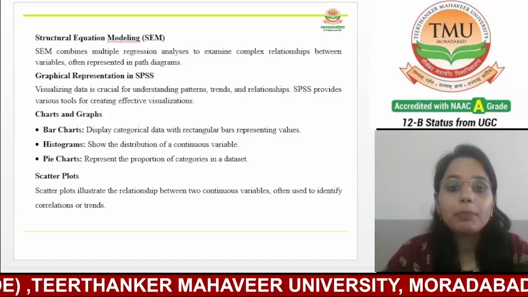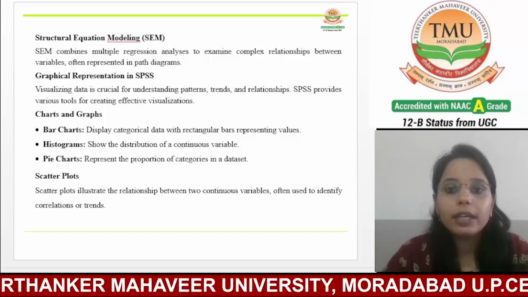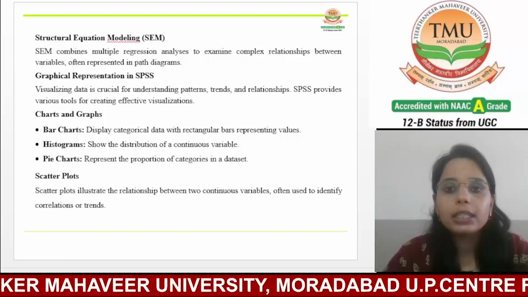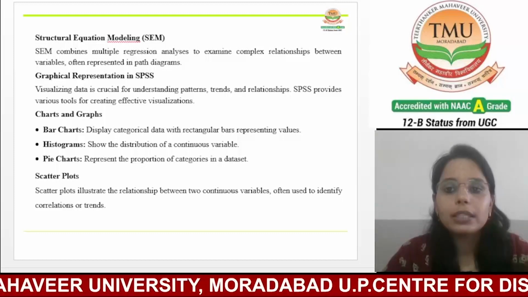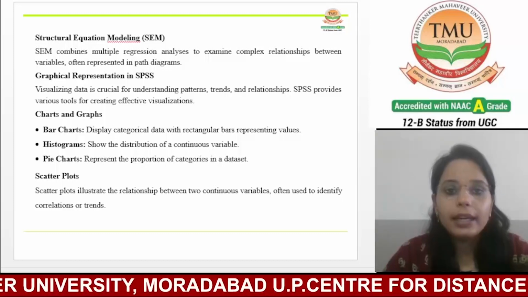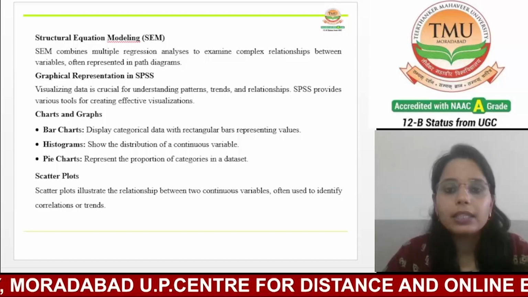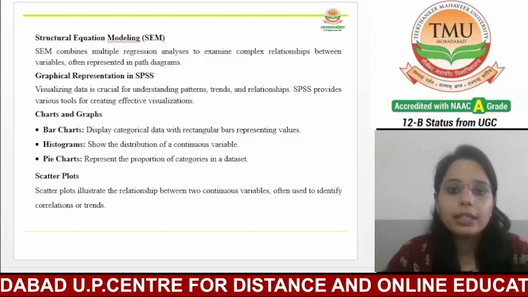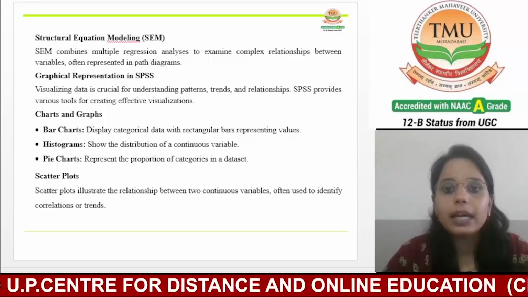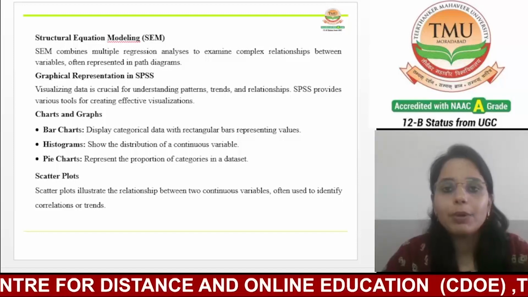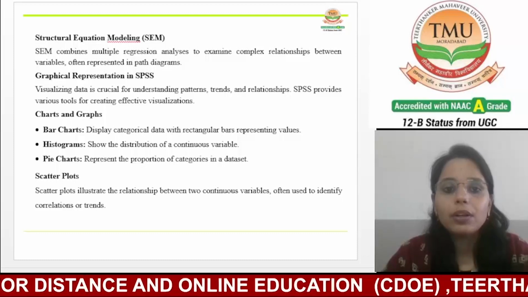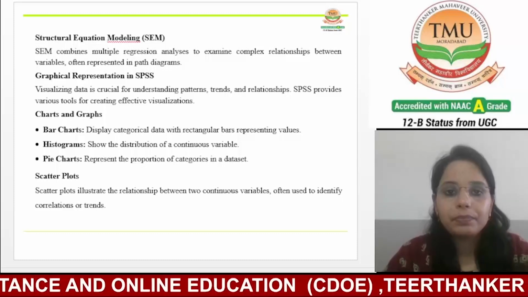Scatter plots are particularly useful for identifying correlations, trends, and potential outliers in the data. They allow researchers to visually assess whether there is a linear or non-linear relationship between the variables, and whether the relationship is positive, negative, or non-existent.